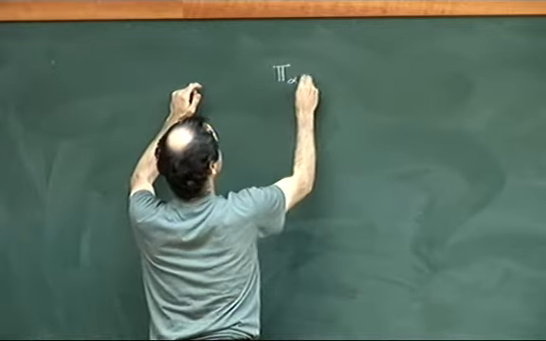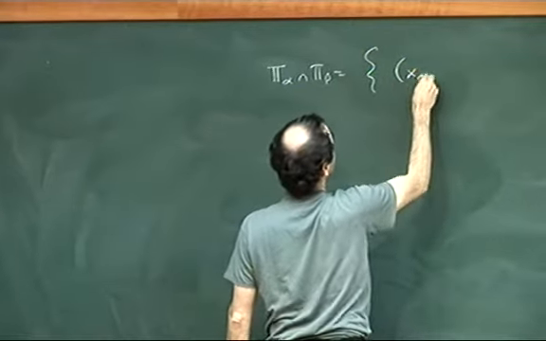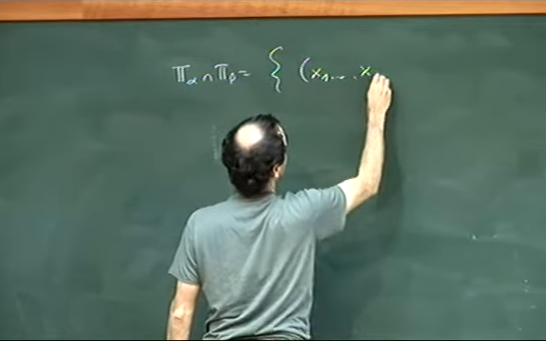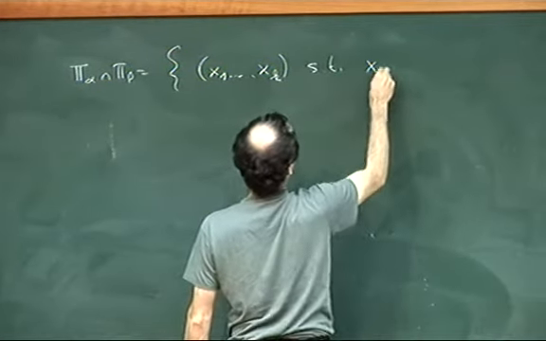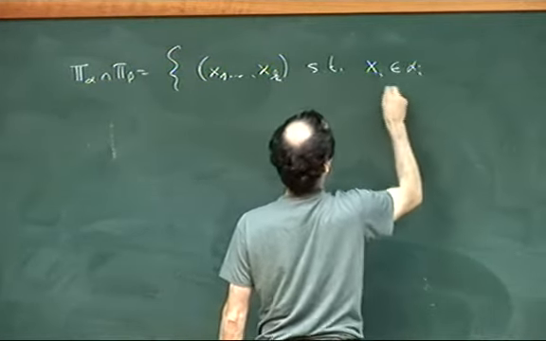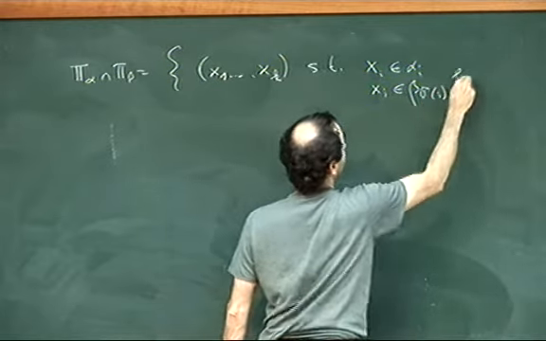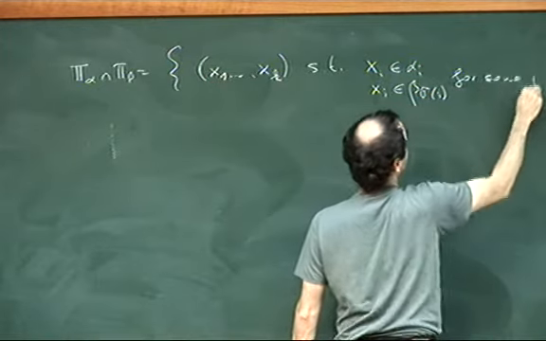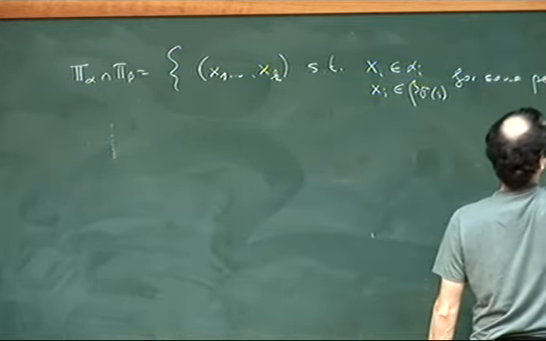Notice that T alpha intersection T beta is the collection of those points x such that x_i is in alpha_i and also in beta_sigma(i) for some permutation sigma.